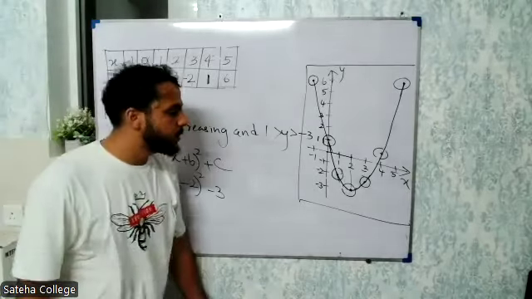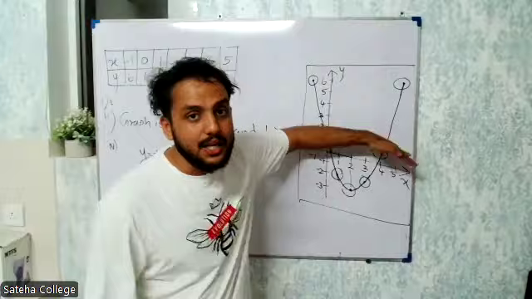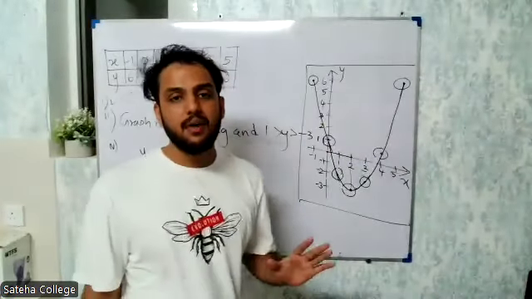So they are asking you, this straight line should intersect with the graph.